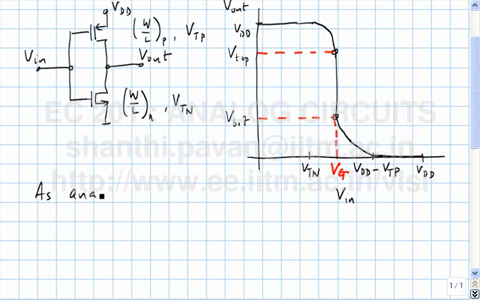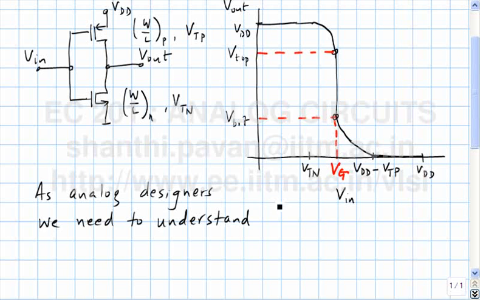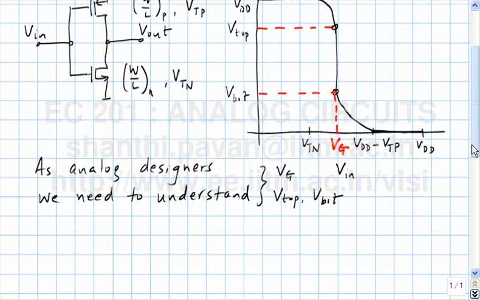As analog designers, we are interested in VG, Vtop and Vbottom. So how would we find VG?